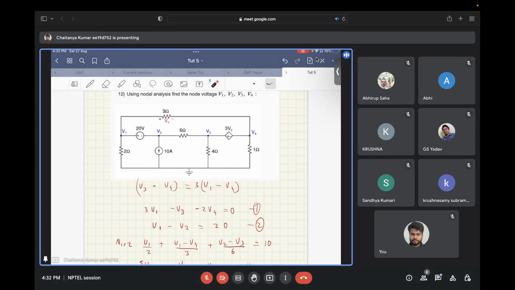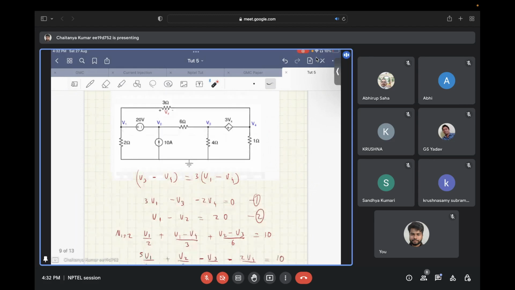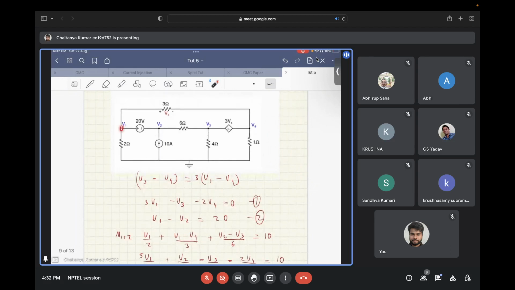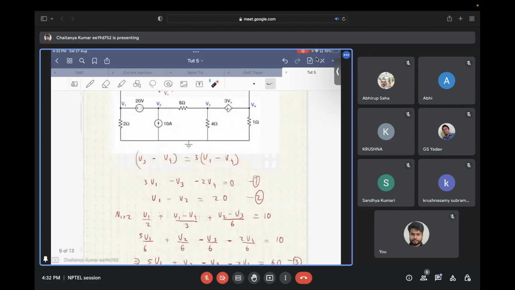If you solve and simplify it, you get the following equation as equation one. For the other supernode, you have V1 minus V2 as 20 volts. This is the second equation.